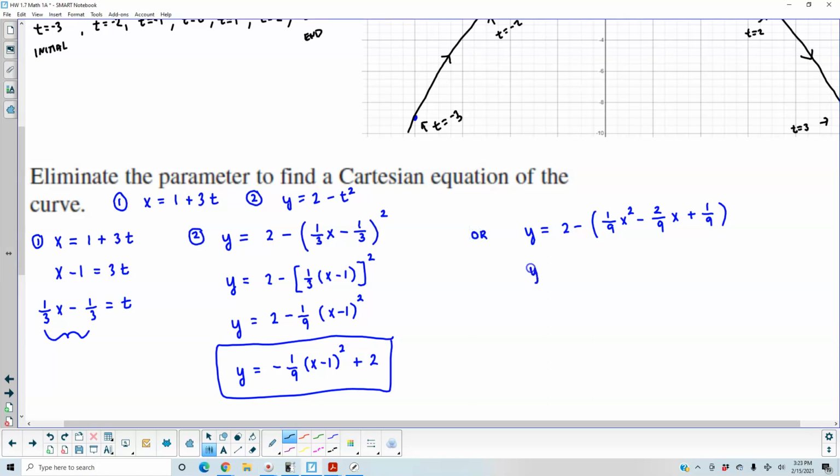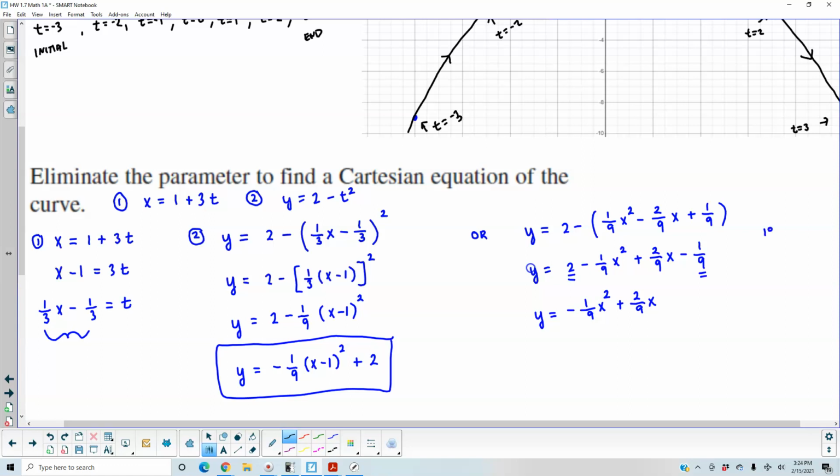And now let's distribute the negative sign, so we get 2 minus 1/9 x squared plus 2/9 x minus 1/9. So we have negative 1/9 x squared plus 2/9 x, and then we have to combine like terms.